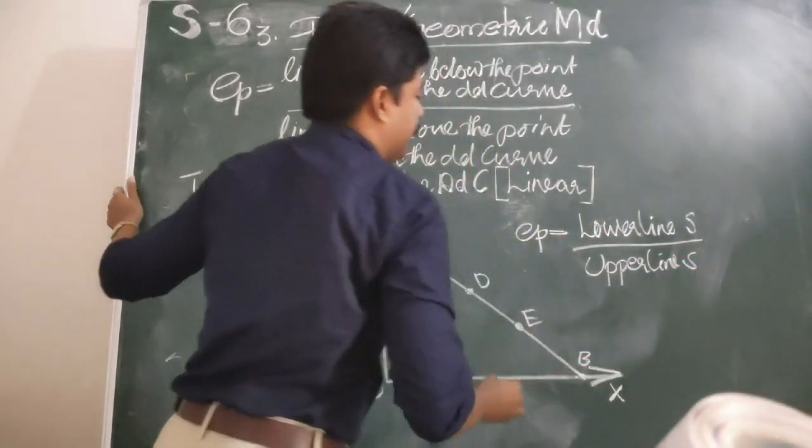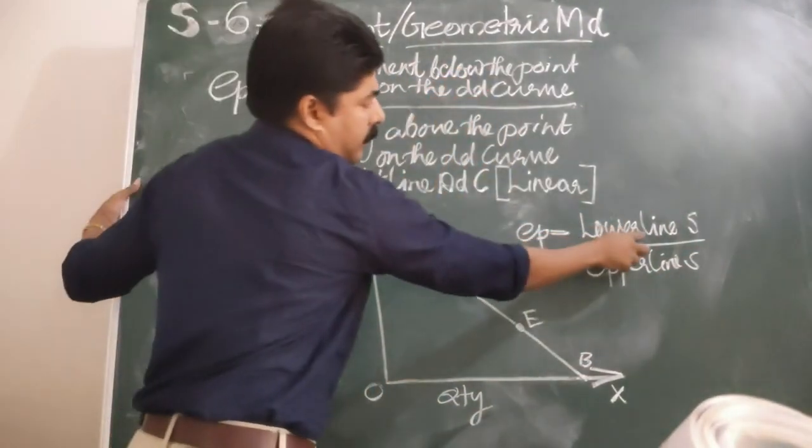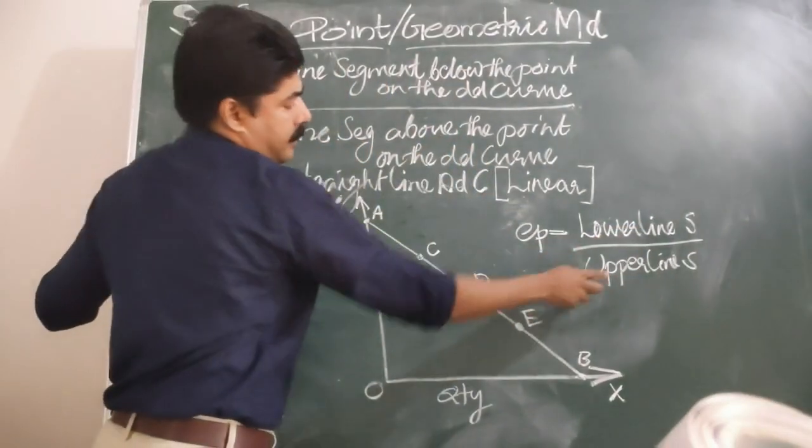Below the point is the lower line segment, and above it is the upper line segment.